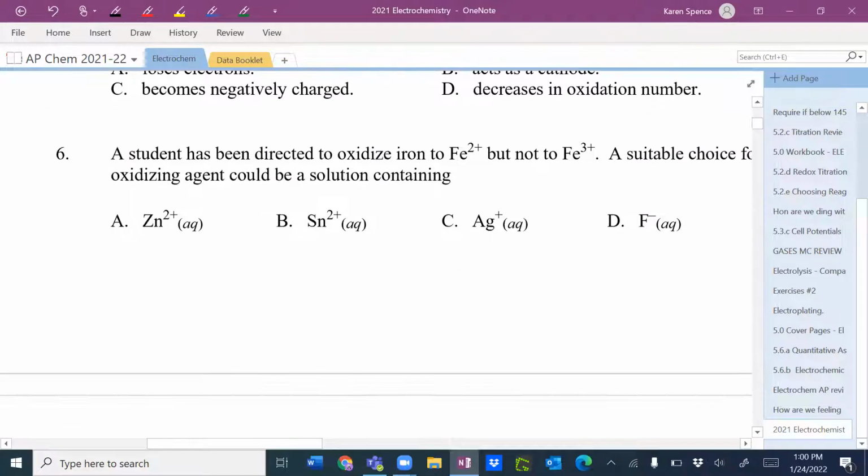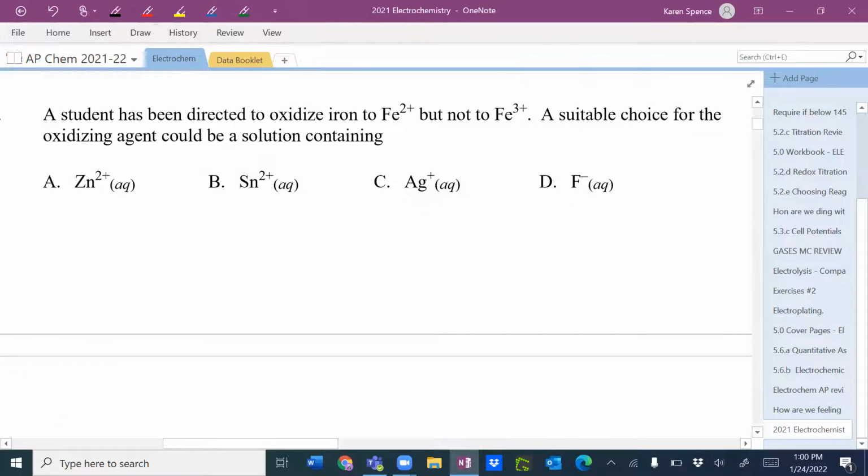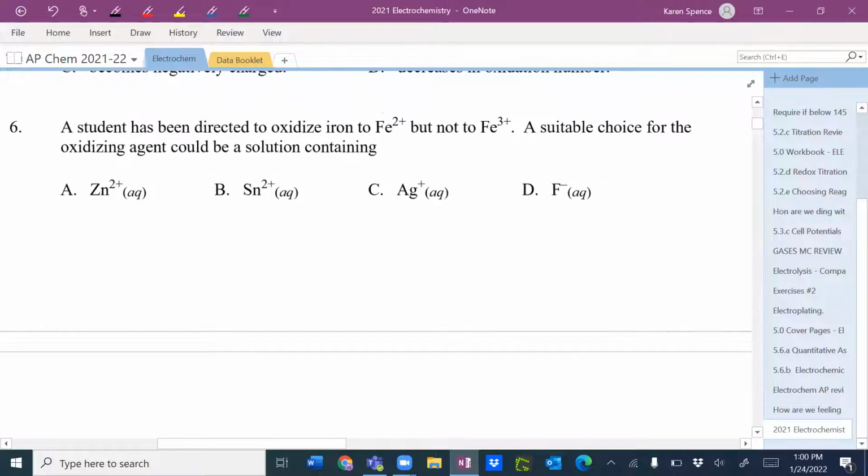And number 6, a student has been directed to oxidize iron to Fe2+, but not to Fe3+. So our choices are zinc, tin, silver, and fluoride.